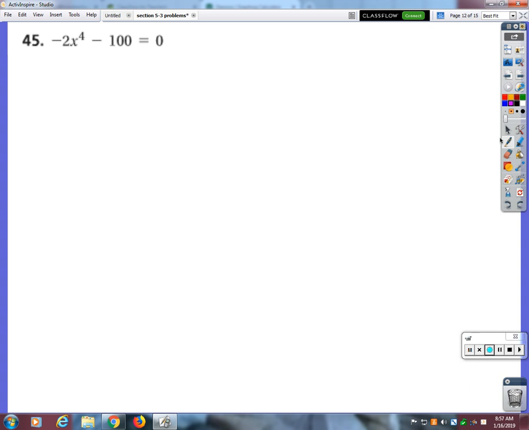What can I factor out of those two terms? Negative 2. So if I factor negative 2 out of there, I'm left with x to the 4th. If I factor a negative out of there, this becomes a positive. Yep, and then that becomes 50, and that equals 0. Any two numbers that multiply together to be 50 and add to be 0?